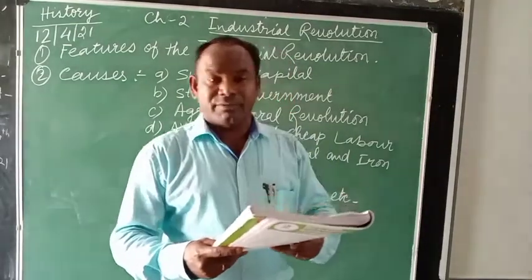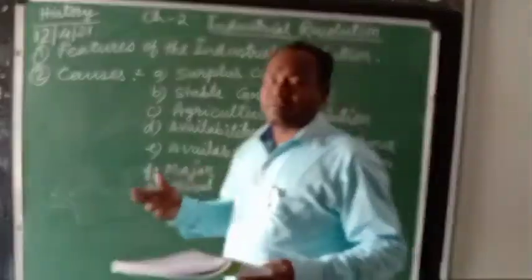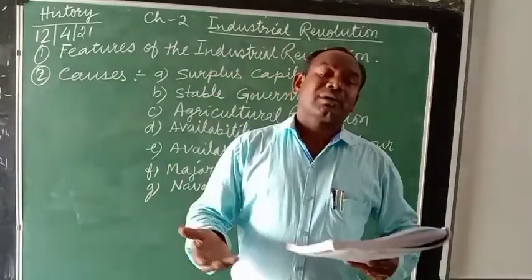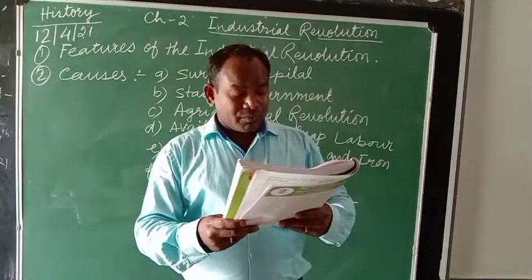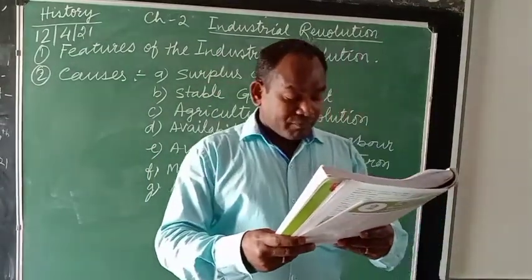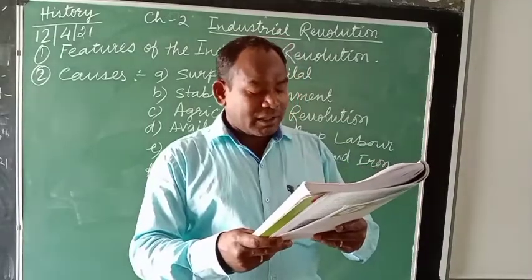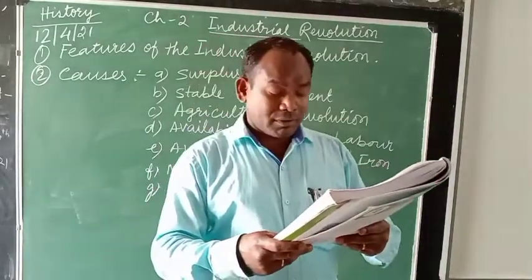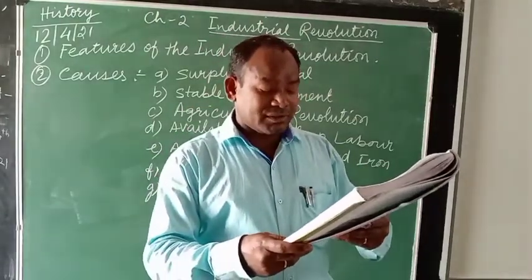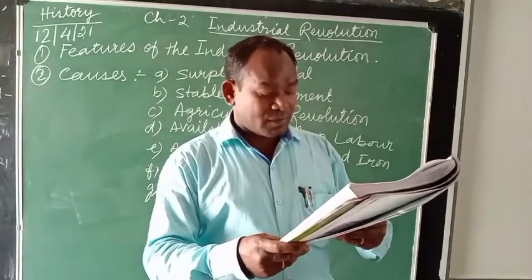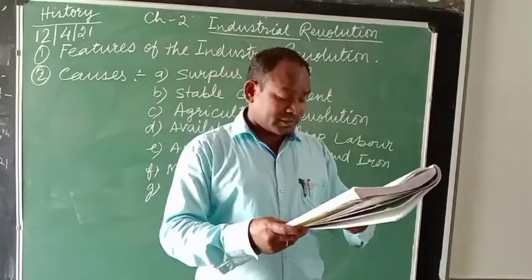Next, availability of cheap labor, means सस्ते मजदूर भी उपलब्ध थे, जिनके कारण से भी ये औद्योगिक क्रांति में प्रगति हुई या डेवलपमेंट हुआ। The mechanization of agriculture led to large scale unemployment of farmers who migrated to towns and cities in search of jobs and were ready to work in factories at low wages.